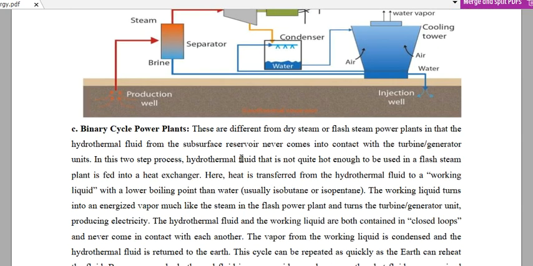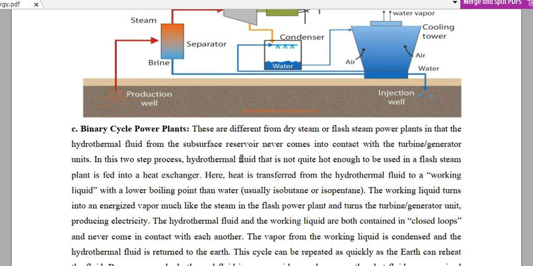Next type of plant is binary cycle power plants. So these are different from dry steam or flash steam power plants in that the hydrothermal fluid from the subsurface reservoir never comes into contact with the turbine or generator units. In this two-step process, hydrothermal fluid that is not quite hot enough to be used in a flash steam plant is fed into a heat exchanger.